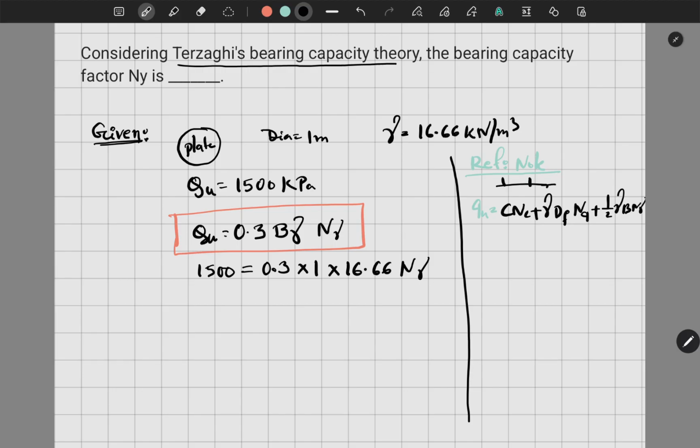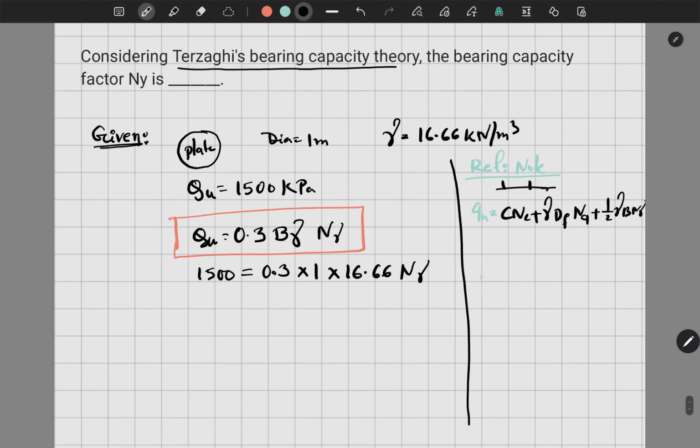And for square footing, QU is equal to 1.3 cNc plus gamma Df Nq plus 0.4 gamma B N gamma.